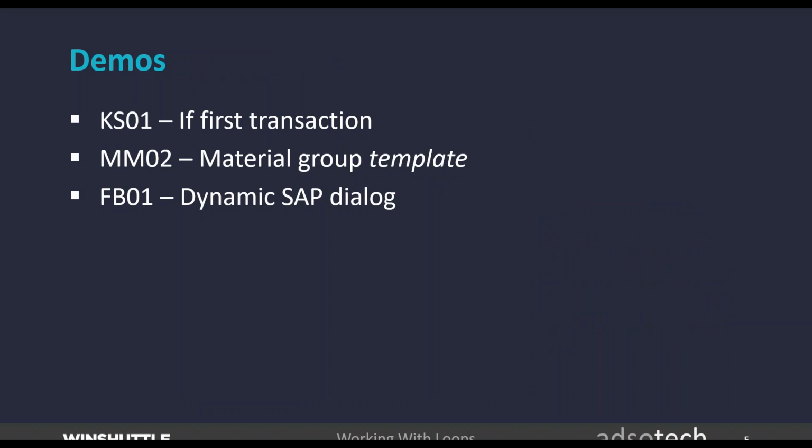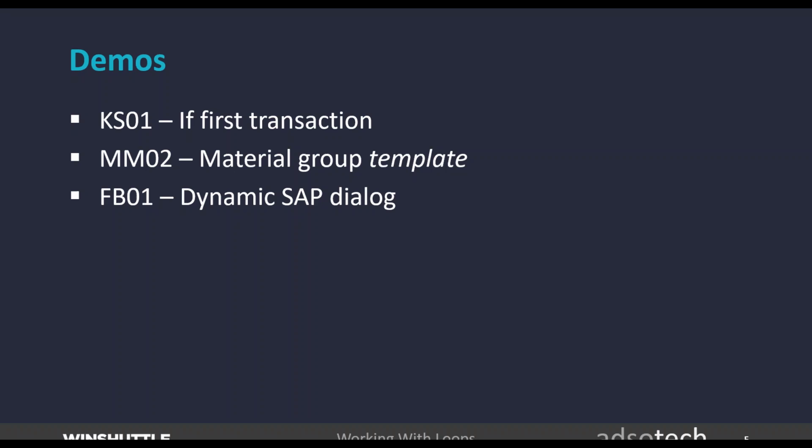So without further ado, let's look at some practical examples, because that's always the best way to see how this works and get an idea of how these work. We have 3 different examples here. First, we have a cost center creation where we encounter something strange when we start running the script, which we can then solve by using a condition.